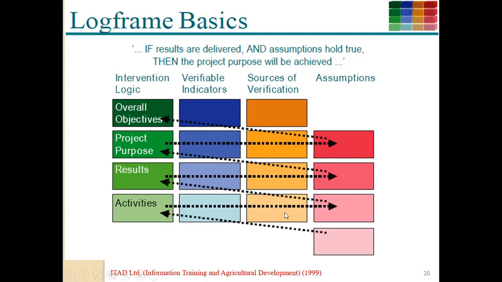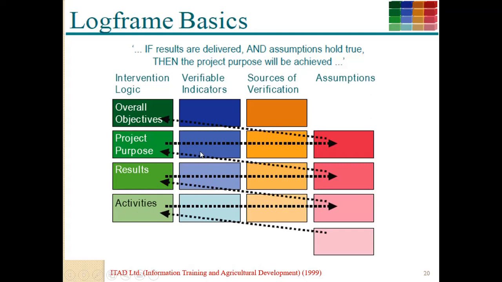Okay, so that is how the relationship is illustrated and presented. But of course you have the indicators. You should have indicators here that show the overall objective, that you have reduced the number of waterborne cases in the community.